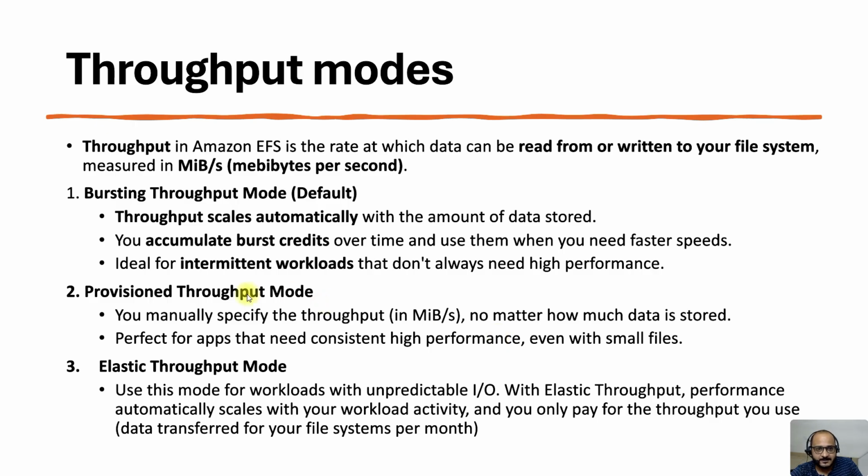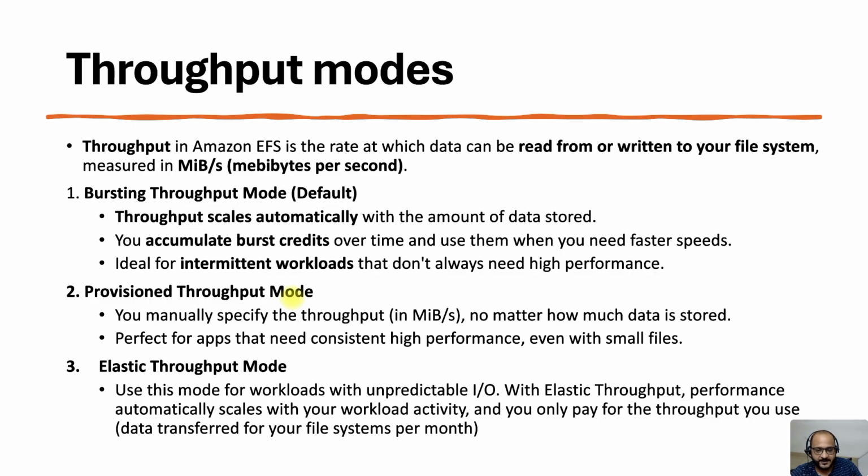If you are creating EFS with provisioned throughput mode, then you can specify 100, 200, 300, 10, 20, like that. You can specify, okay, I need 10 megabytes per second of input output operation for my file system.